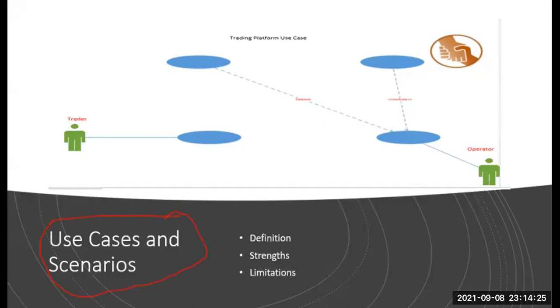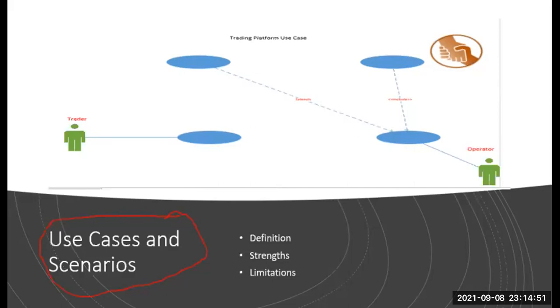No? Okay, no worries. A use case is typically used to explain the interaction between a user and the system. When you want to explain the interaction between different users and the system, that's when we use a use case.